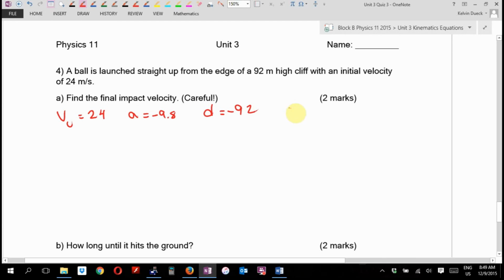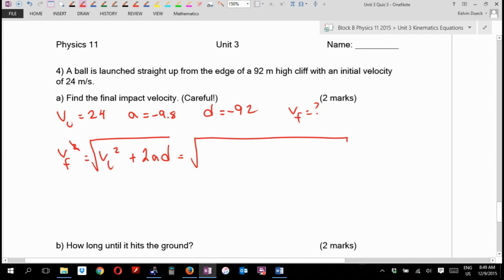And I want to find, well, I think I'm going to use VF squared equals VI squared plus 2AD. And how to get rid of a squared? Square root. It's going to be the square root of 24 squared plus 2 times negative 9.8 times negative 92.